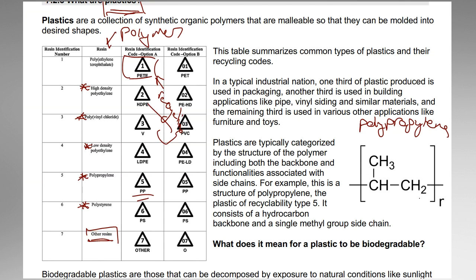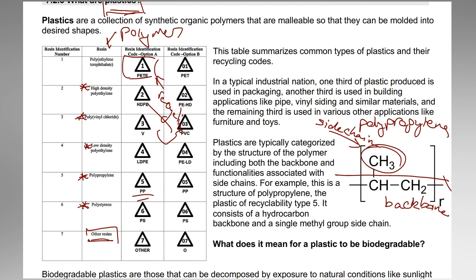And polypropylene is very much like polyethylene, but it's only got this methyl group hanging off of one of the carbons of the backbone. So we talked about before, polymers are often made up of monomers that make a backbone, and then a side chain sticks off of that backbone.